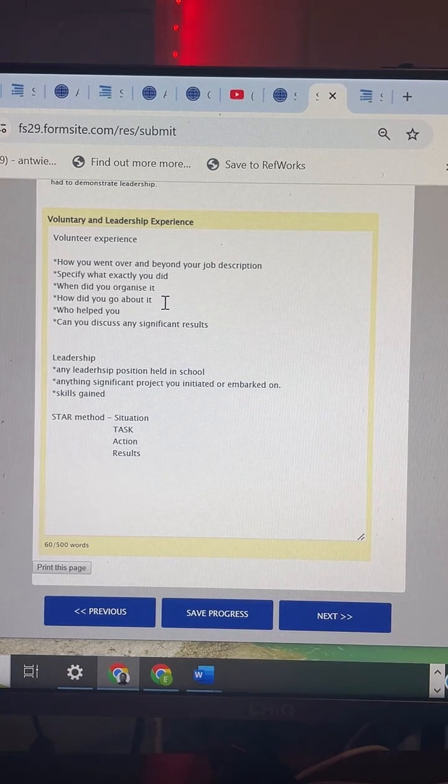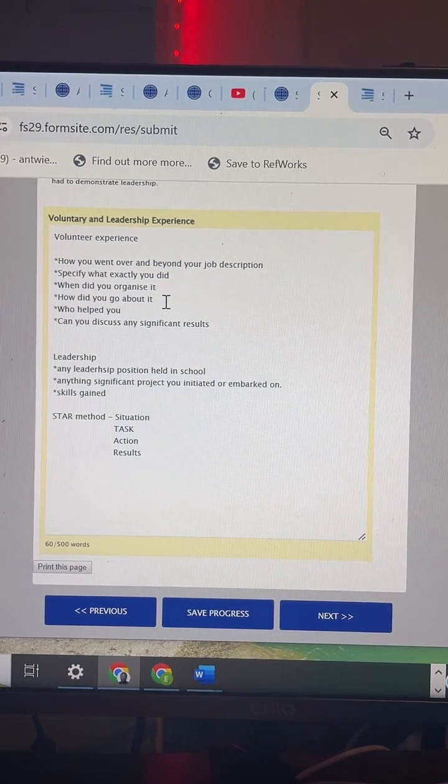This candidate was supposed to be an intern doing their normal role, but then they went above and beyond to make sure that they were discussing health education with the youth within that community. And so these are some of the things that they would want to see. If you are doing the thing within your normal job role, then that's not something that is any different from what every other person is doing.